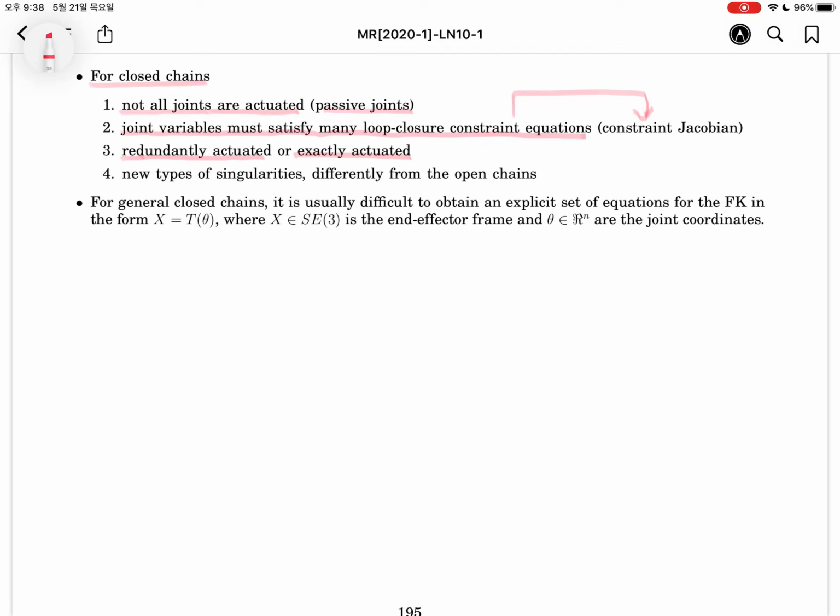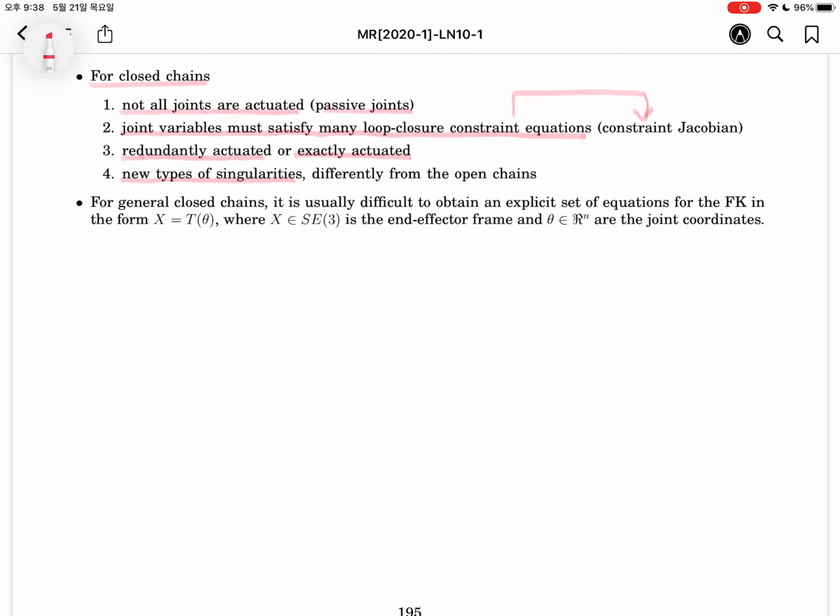That would be one of the disadvantages of a parallel mechanism or closed chain. Also, new types of singularity, such as actuator singularity, configuration space singularity, and constraint singularity, will appear in this mechanism. Those are different from the open chain.